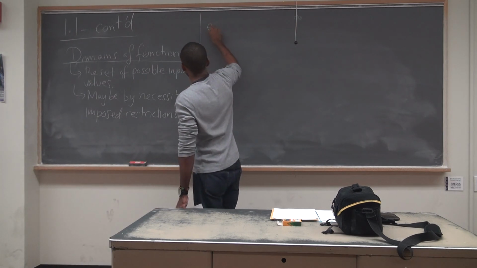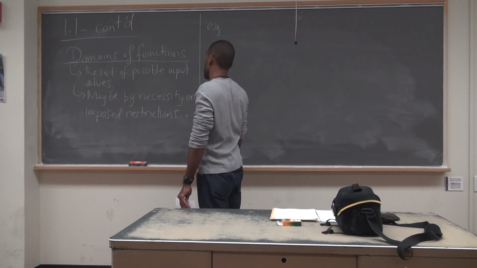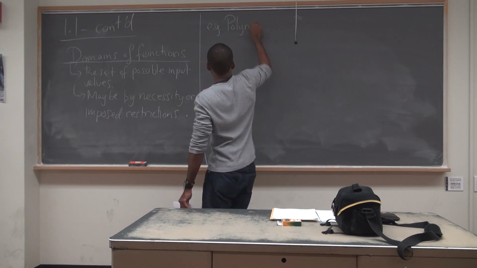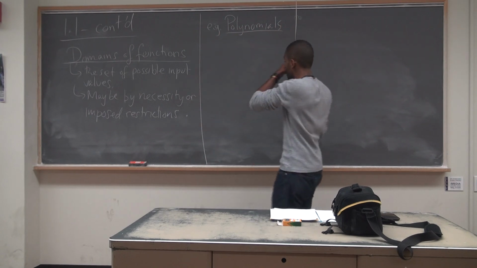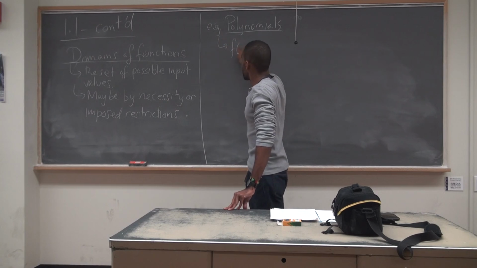So for example, let's go polynomials. Right? So we remember what a polynomial is. What do they look like? Well, this is a function that has a certain form, right?